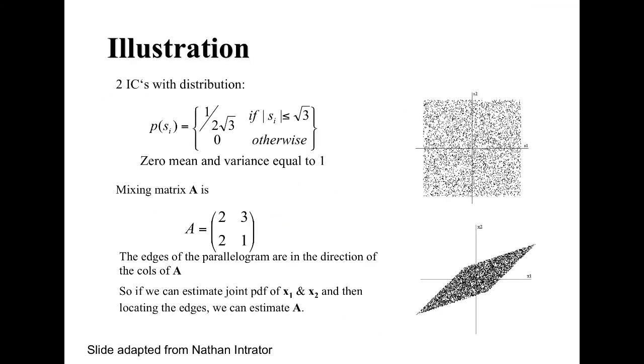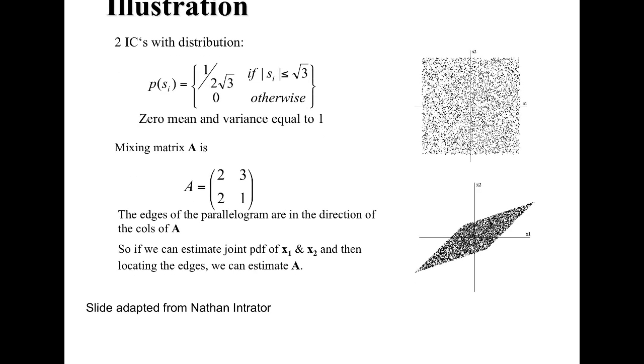So let's look at some examples just very quickly. This is a distribution in 2 dimensions. P of Si is uniform in the 2 dimensions. A uniform distribution is a non-Gaussian distribution.